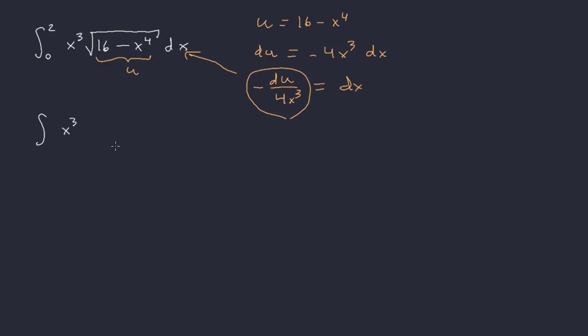All right, and so now we will just do our direct transformation here. So I'll have x cubed times the square root of u. Okay, then times negative du over 4x cubed. And the x cubeds here cancel, which is exactly what we want.